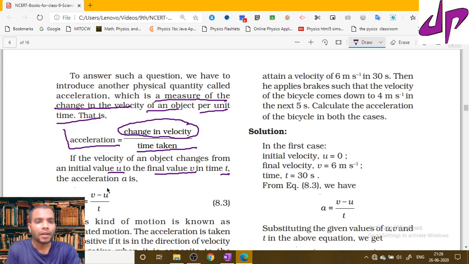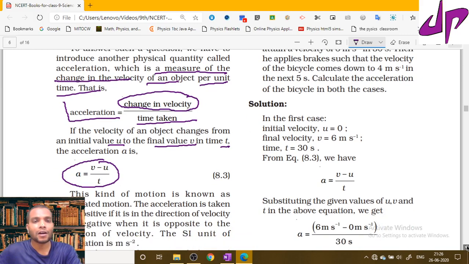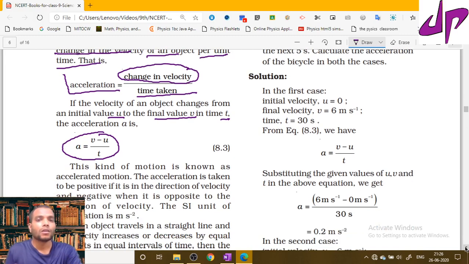Now in formula manner, acceleration a equal to v minus u by t. So this is the formula we will use to calculate acceleration of an object. The SI unit of acceleration is meter per second square.